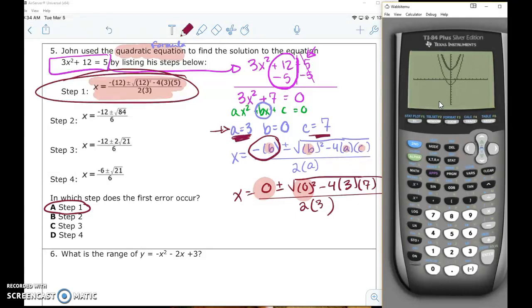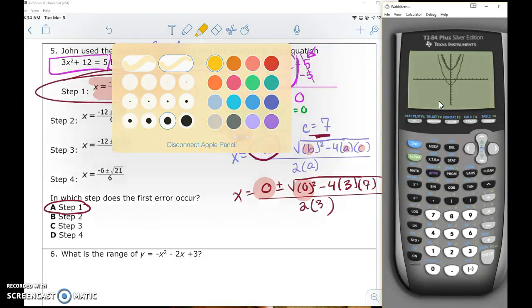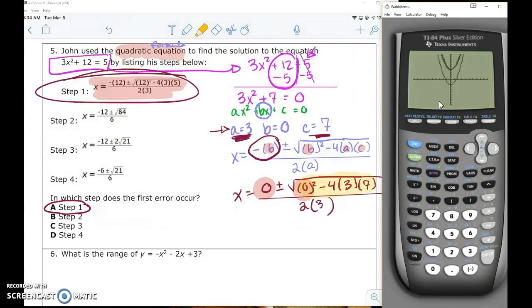If you were going to continue working this problem out, then you would, in your calculator, put the part that is inside the radical. So I would put in my calculator 0 squared minus 4 times 3 times 7 to get negative 84.